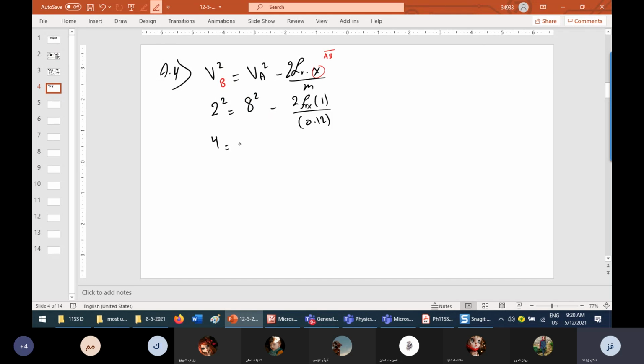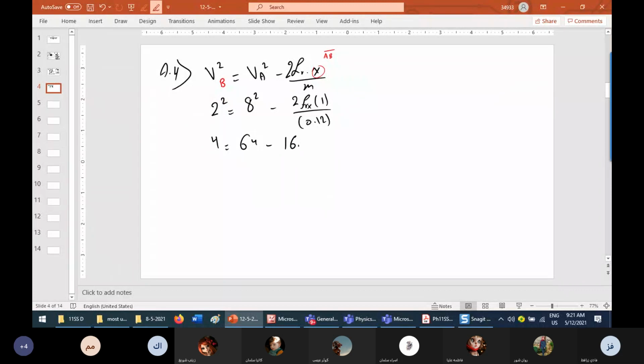These are easy: 64. But please somebody calculate 2 divided by 0.12. This is 64. I'm waiting, please. My calculator is too old-fashioned. 16.66.